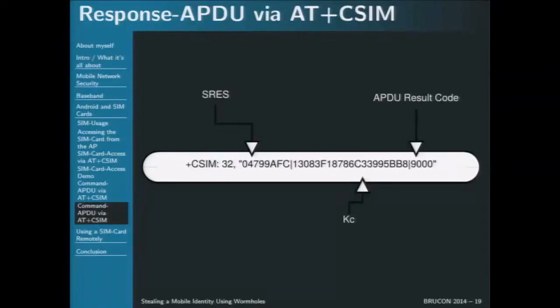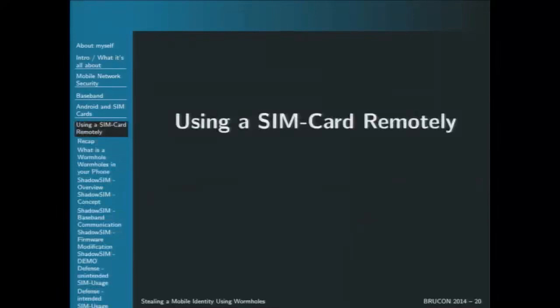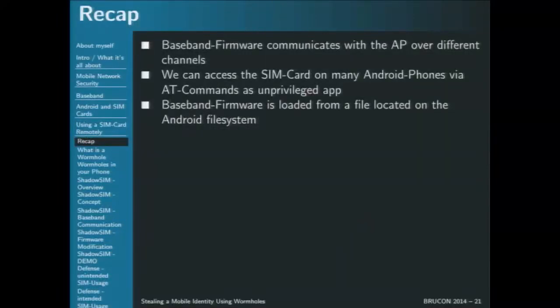So if you know a bit more about GSM, UMTS, and mobile network security, you will recognize these are the crypto keys that you need for the mobile network authentication. And this is something that an unprivileged app can get from your phone without any permissions. So this is local, but as I said, why not use that SIM access remotely?